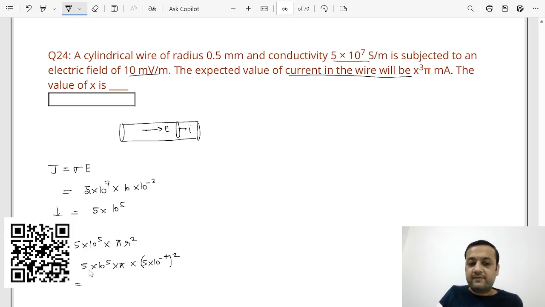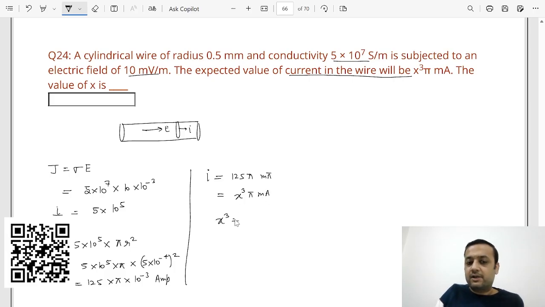So that means 5 square will become 25, into 5, 125. The pi will also remain, and the power of 10 will become 10 to the power minus 3. This will be in ampere. So the same answer in milliampere, if you have to write, will be 125 pi milliampere. Okay, so if you compare this with the given expression, they have written x cube pi milliampere. That means x cube is nothing but 125, which means x is 5.